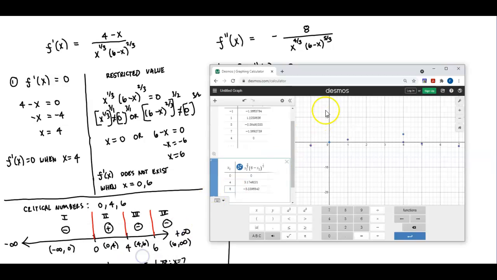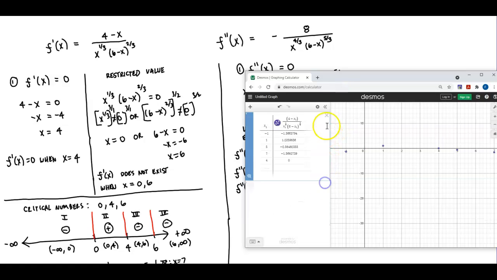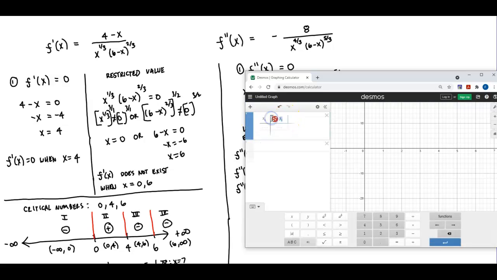So let's go ahead and eliminate those and create a new table. Here, this is going to be -8 divided by x to the power of 4/3 times 6 minus x to the power of 5/3.